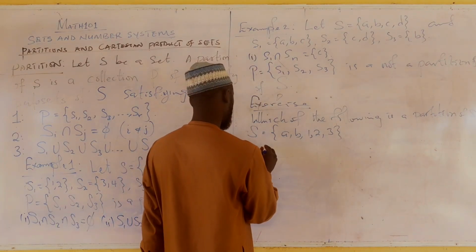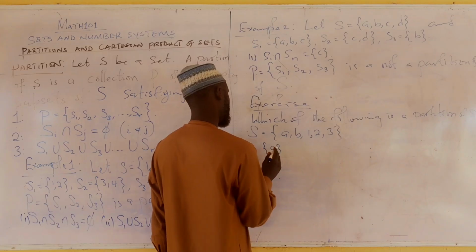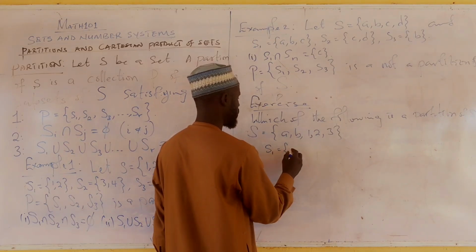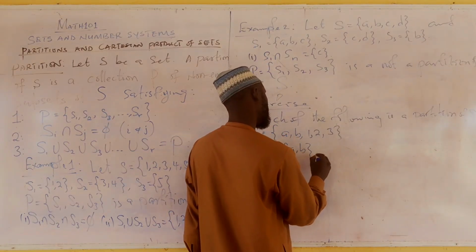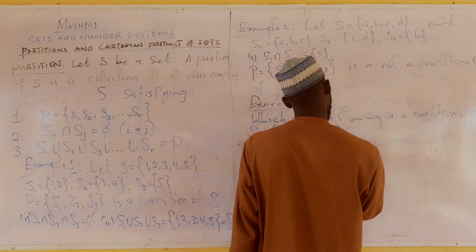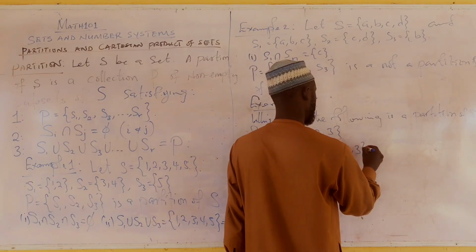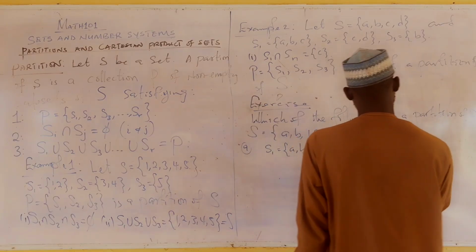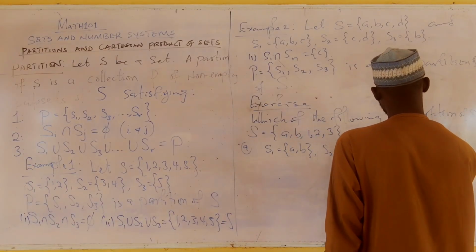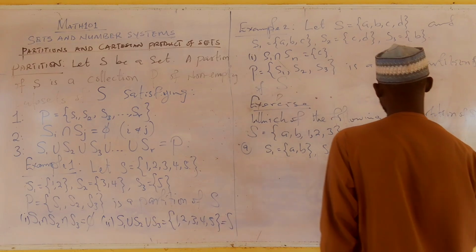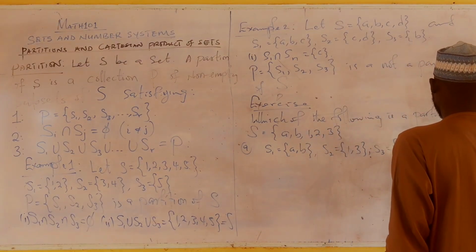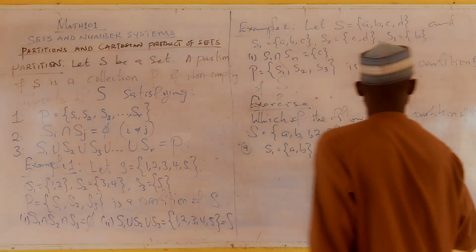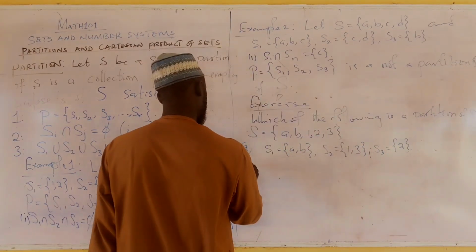A: S1 is equal to a, b, S2 is equal to 1, 3, S3 is equal to just 2, and let S4 be equal to 3.